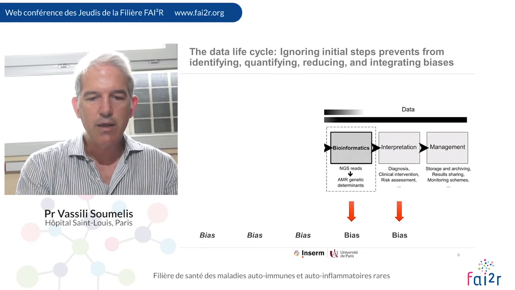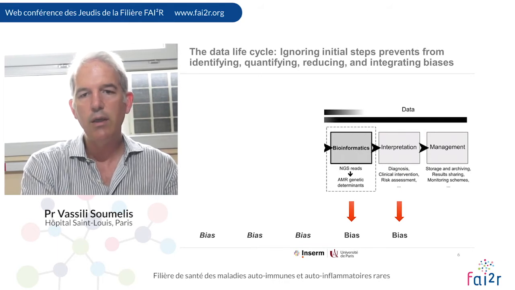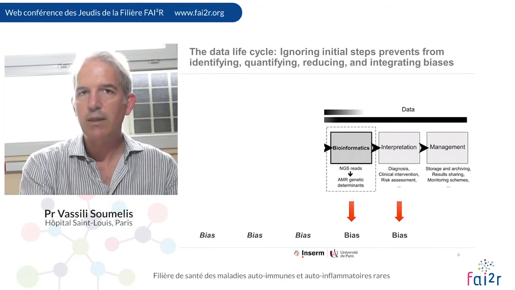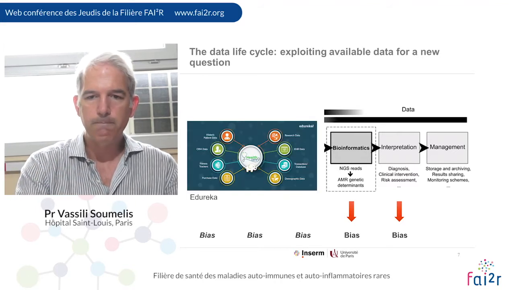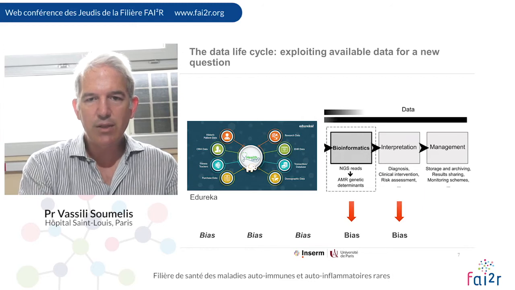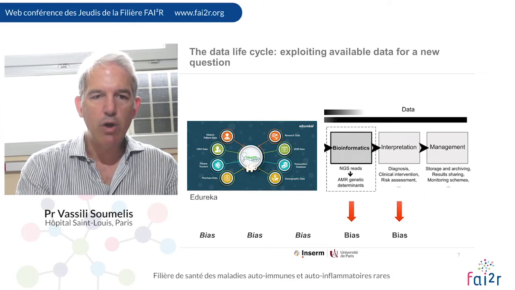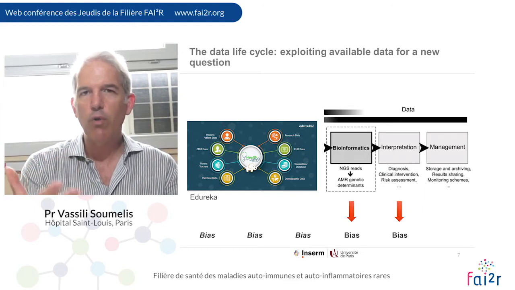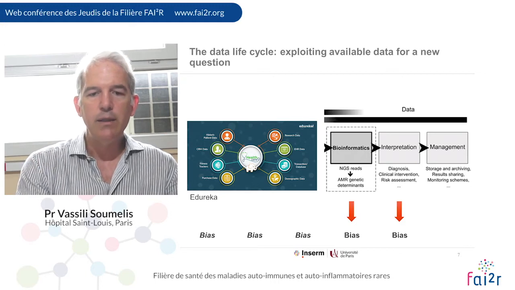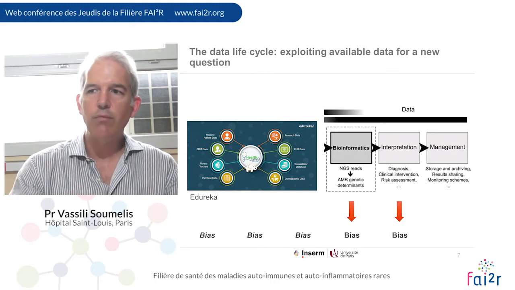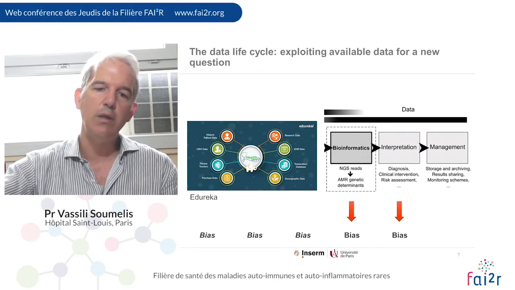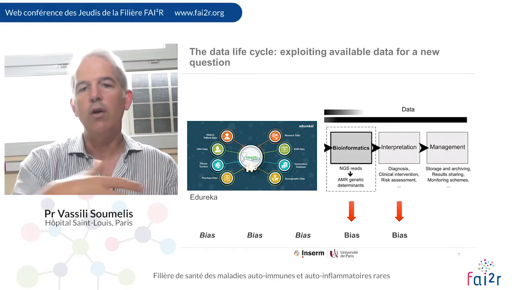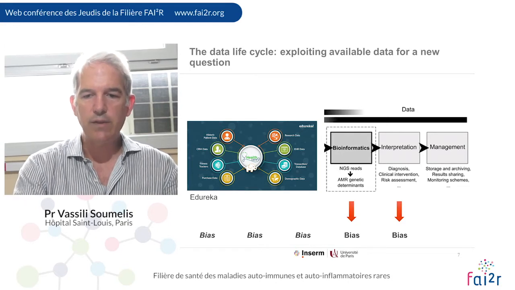And in that case, the biases that can be associated to those early initial steps cannot be assessed, estimated, and sometimes are not even known. This is the case when we try to exploit real life or real world big data, because most of the time when we have access to the data, we cannot reconstruct the upstream events of this data life cycle.